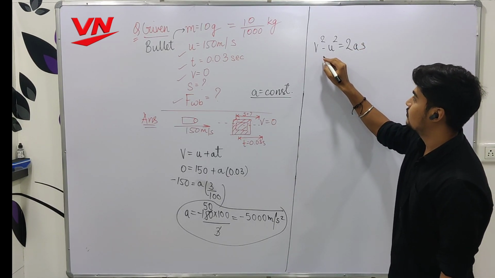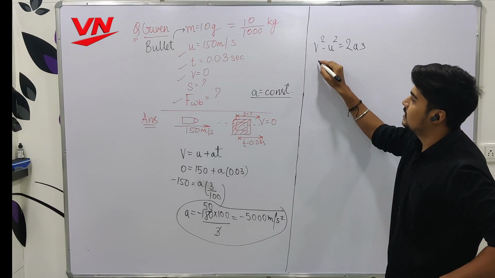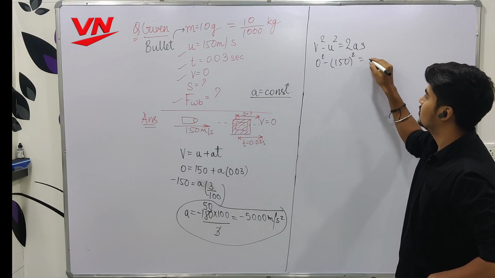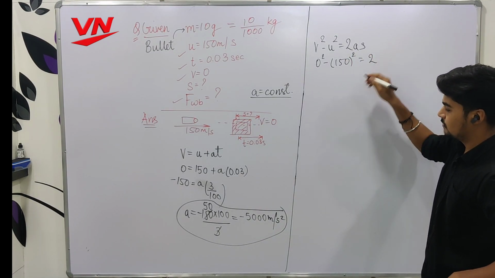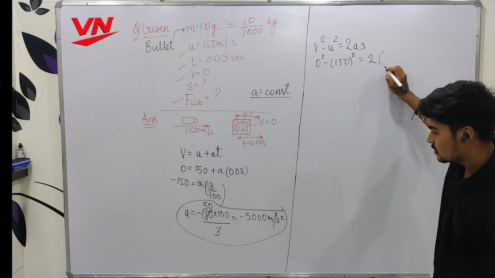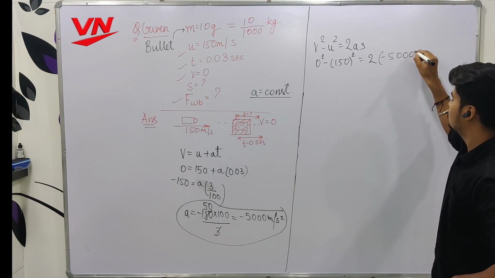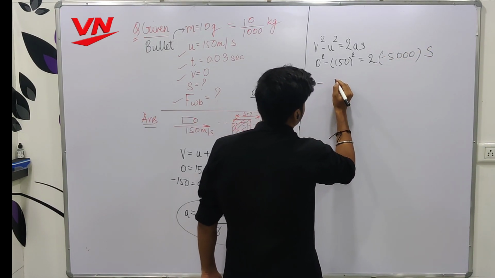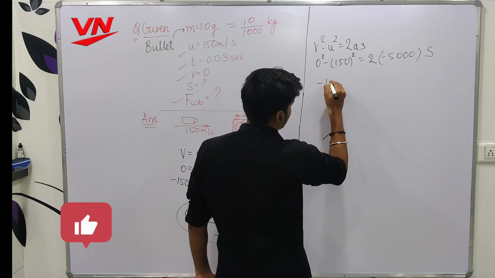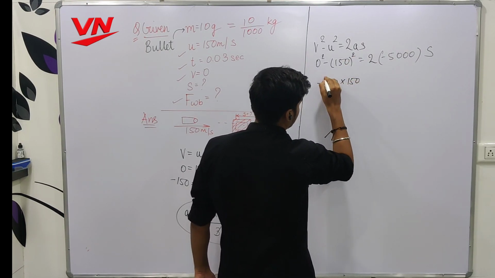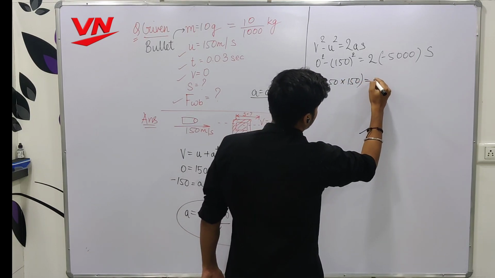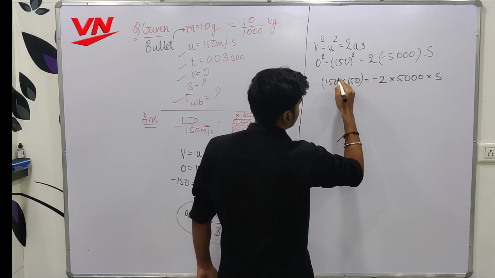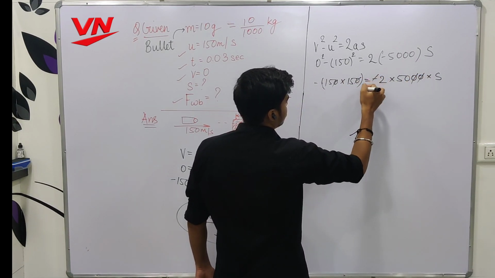You can also go with the second equation if you want. 0 square minus initial velocity 150 square is equal to 2 into the acceleration we have just calculated, which was minus 5000 meter per second square, and we need to calculate s. Minus 150 square, I will just write 150 into 150 minus, as it is, equal to minus 2 into 5000 as it is. The zeros cancel, minus minus cancel.